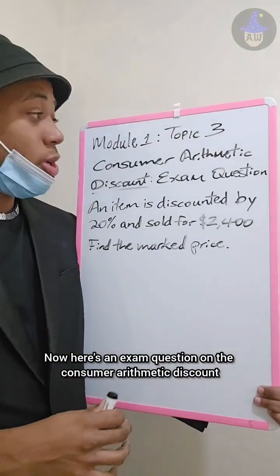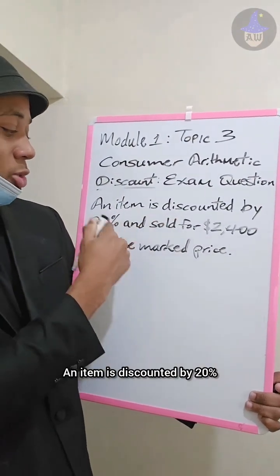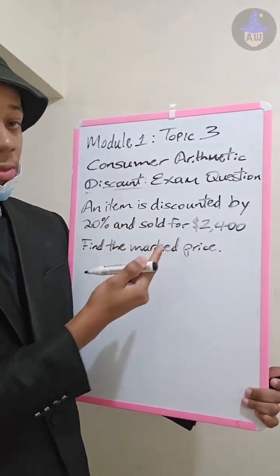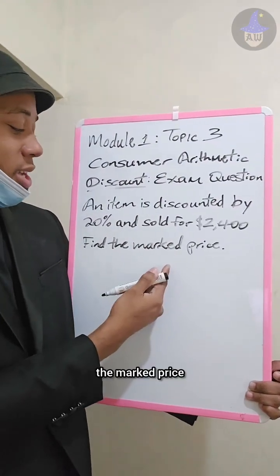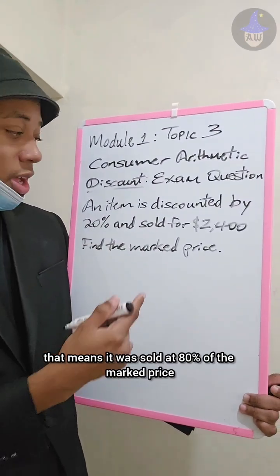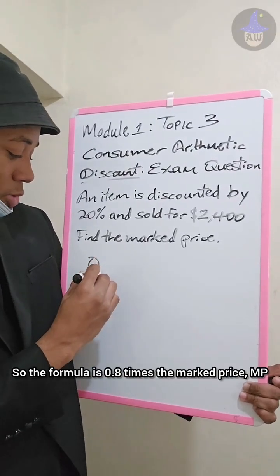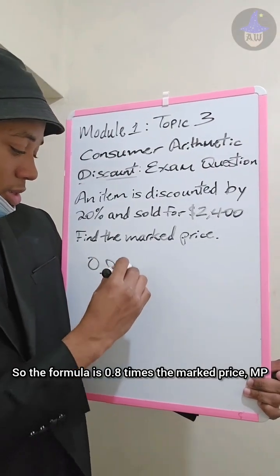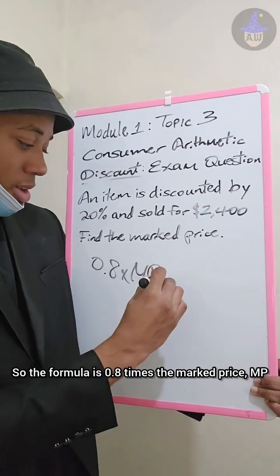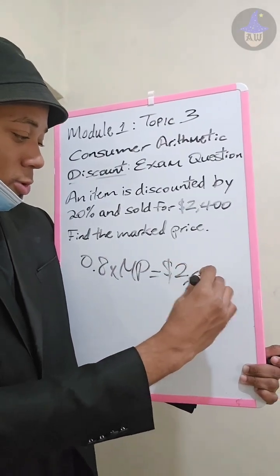Now here's an exam question on the consumer arithmetic discount. An item is discounted by 20% and sold for $2,400. Find the marked price. If it is discounted by 20%, that means it was sold at 80% of the marked price. So the formula is 0.8 times the marked price, MP, is equal to 2,400.